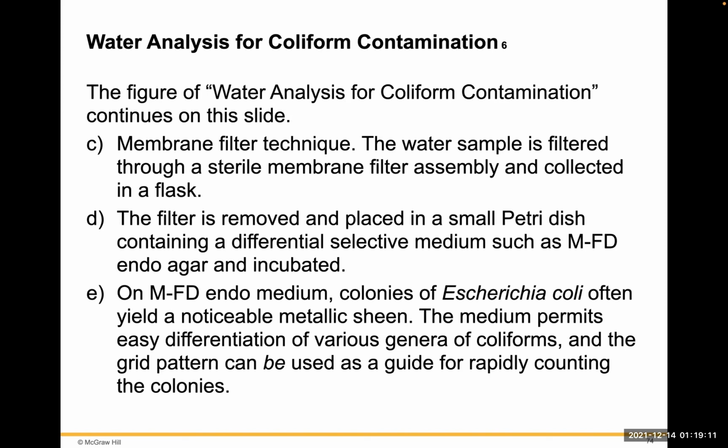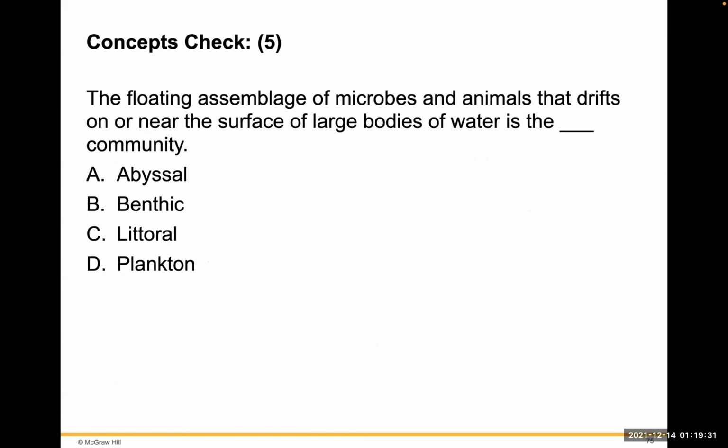Then we incubate it on the MF Endo medium, where colonies of E. coli often yield a noticeable metallic sheen. The medium permits easy differentiation of various genera of coliforms. Then you have a grid pattern that can be used as a guide for rapidly counting the colonies.